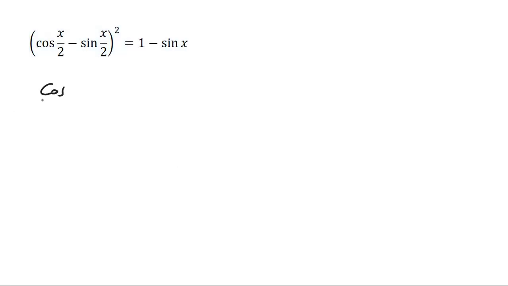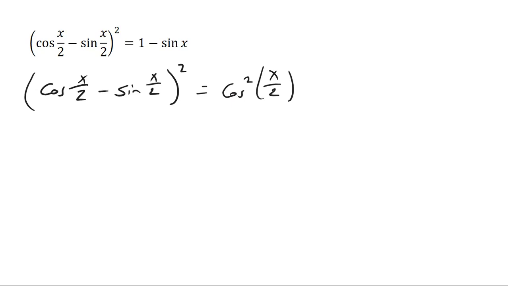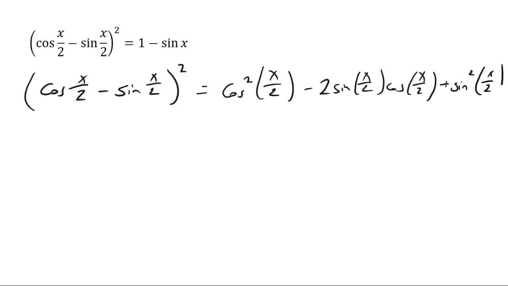Cosine x over 2 minus sine x over 2, all that quantity squared equals, let's expand this out. So it'll be cosine squared x over 2 minus 2 sine x over 2 cosine x over 2 plus sine squared x over 2.